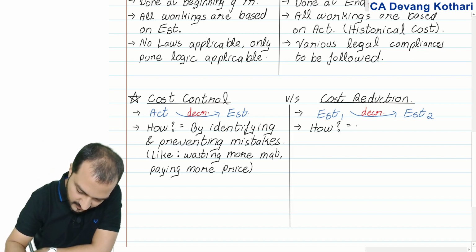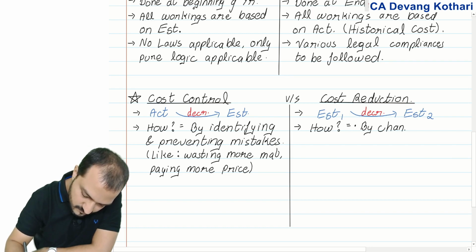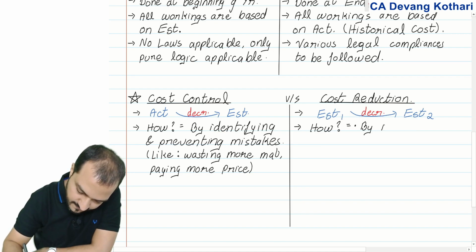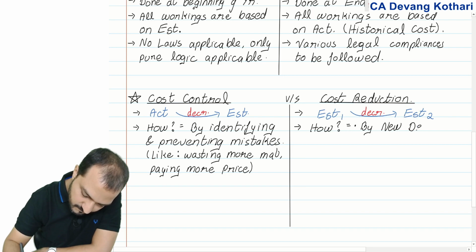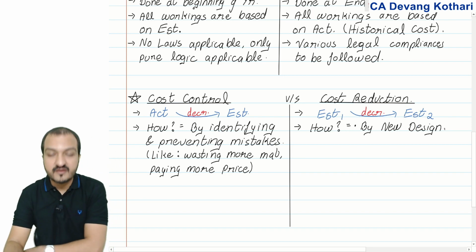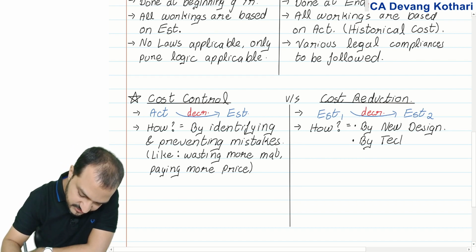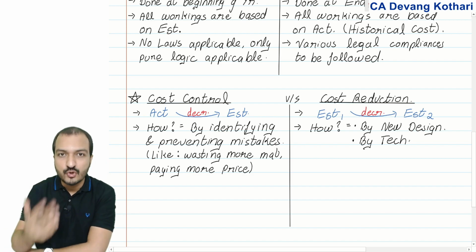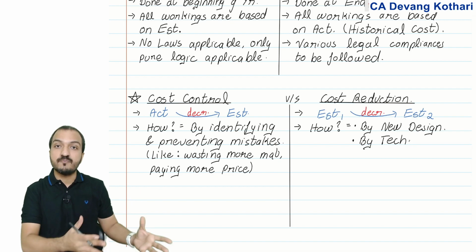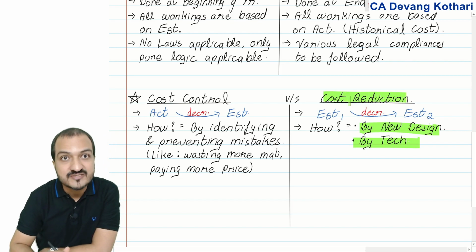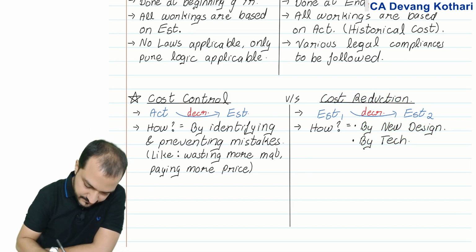Say the main example that I give you is by changing the design of the product, by creating a new design of the product, or say by implementing new technology, more advanced technology, new technology of production. So these could be examples of how to do cost reduction.